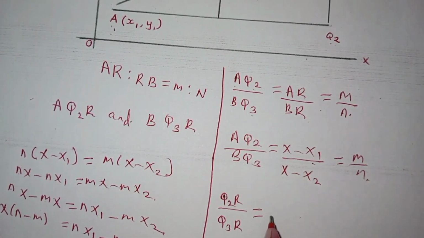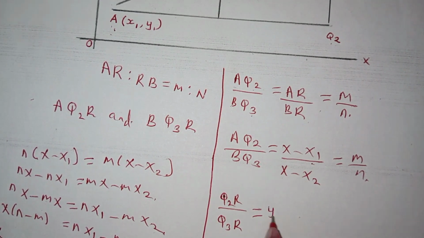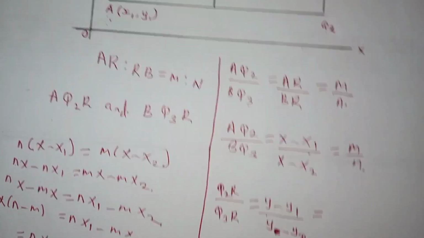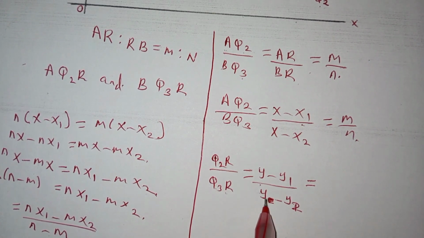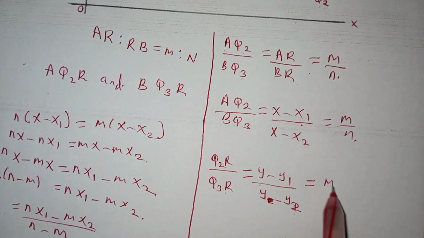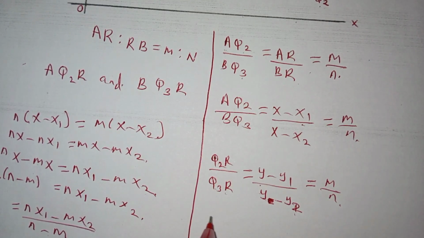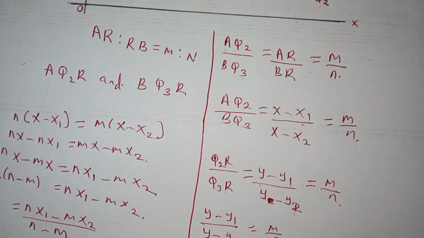So writing our values here, y minus y1 divided by y minus y2 is equal to m over n.